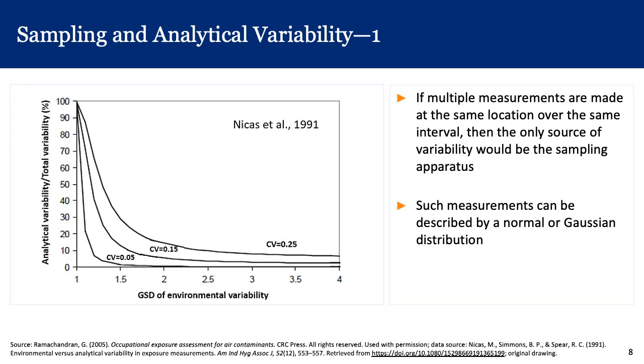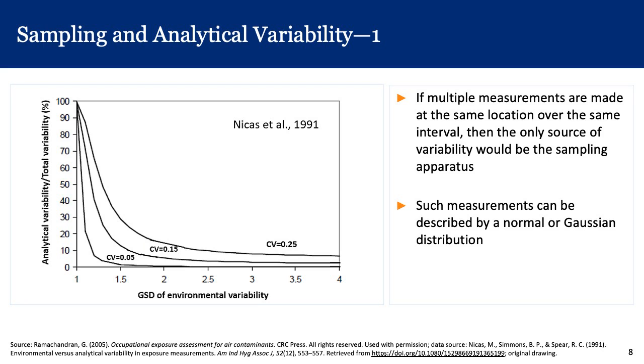In 1991. What it shows on the x-axis is the geometric standard deviation of the environmental variability or worker exposure variability. And it ranges from a GSD of 1, which is the smallest value that the GSD can take, all the way up to 4.